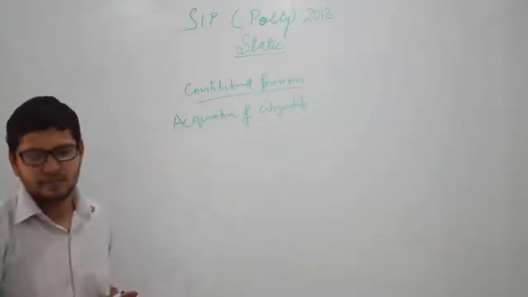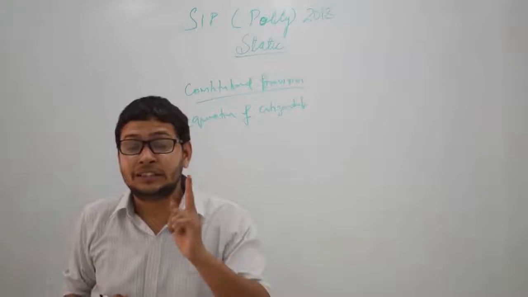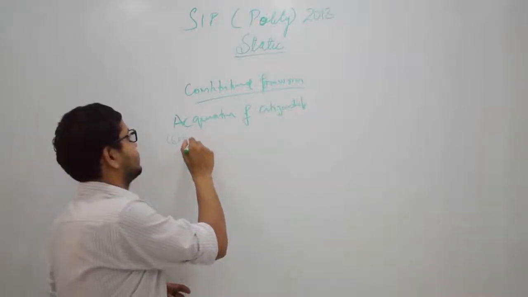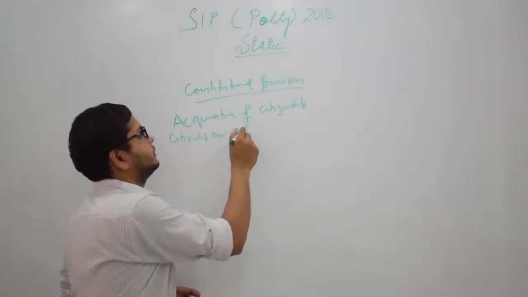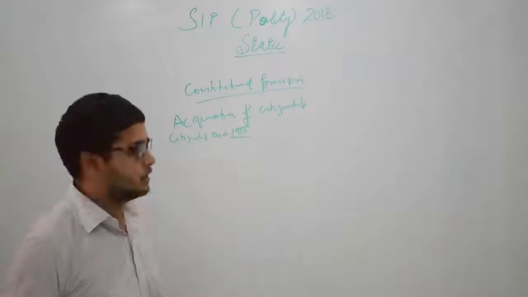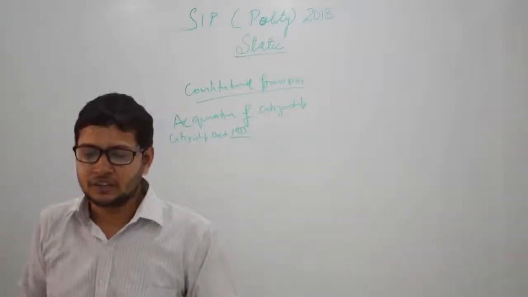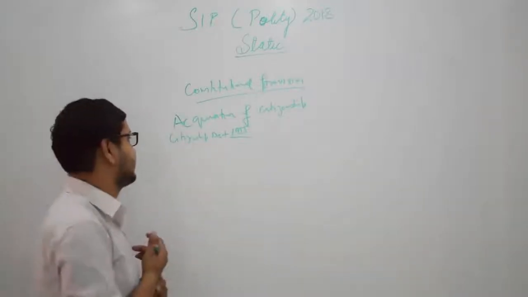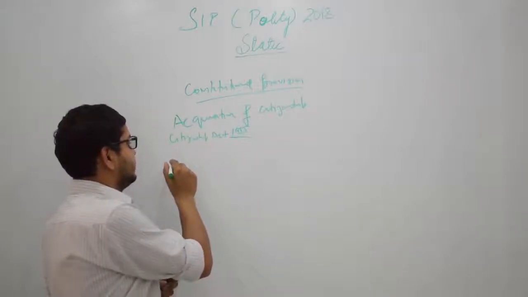So this is given by Citizenship Act 1955. The Constitution, as we have discussed earlier, is silent on this. Citizenship Act 1955 mentions 5 ways of acquiring Indian citizenship. 5 ways.